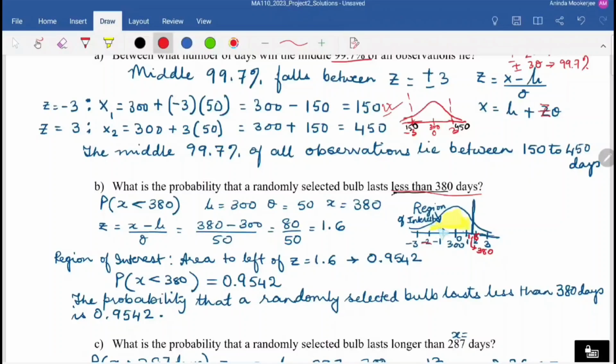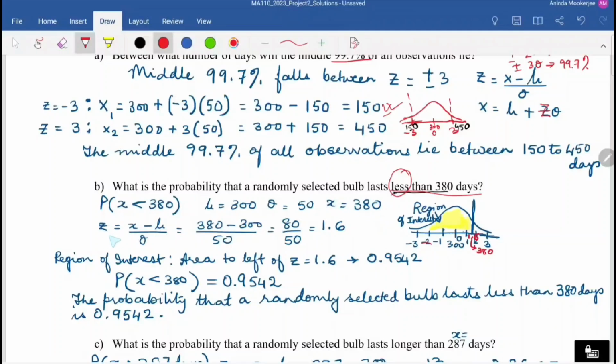So we are interested in the region to the left of wherever 380 is. All right, because it says less than, that means it's the region to the left. So we are looking for probability of x less than 380, mu being 300, sigma being 50, and x is 380.